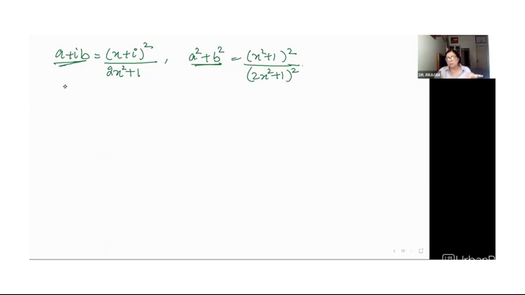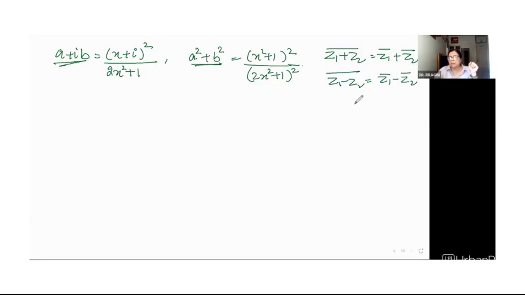Now there are so many rules in between which cannot be covered in this particular video. So let me give you two rules here. The conjugate of z1 plus z2 can be broken down into the conjugate of z1 plus the conjugate of z2. Similarly, we can do this for subtraction, z1 minus z2.